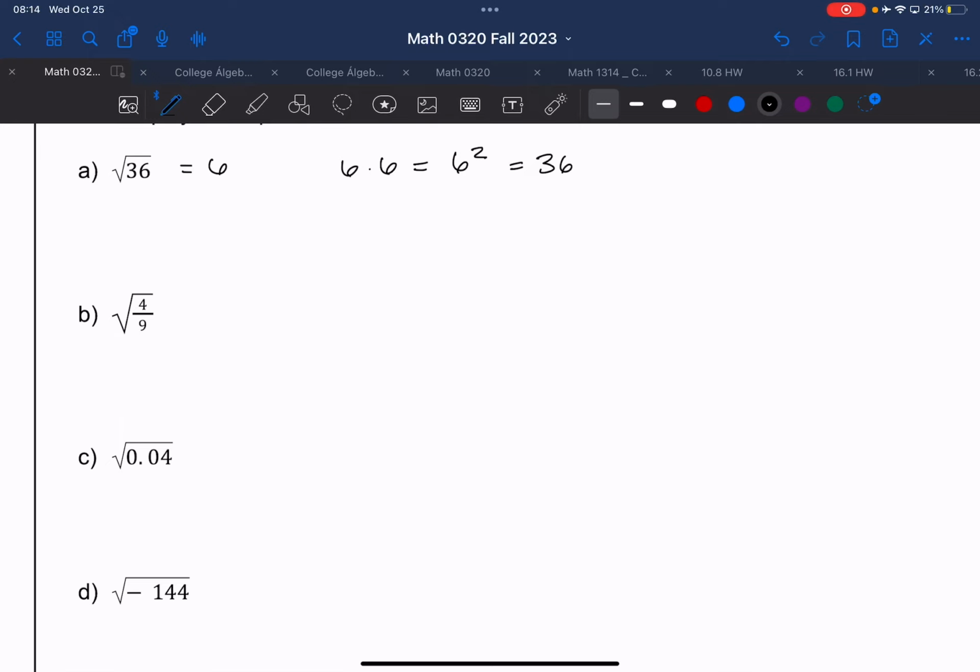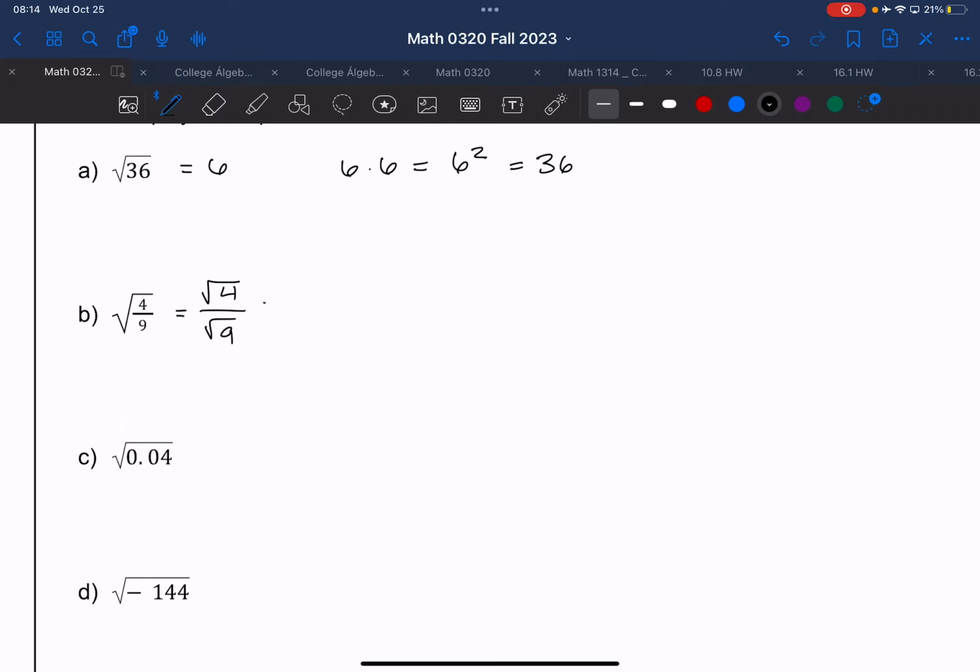What do we do when we take the square root of a fraction? The square root of the numerator and the denominator. The top and bottom. So if you remember from the properties of radicals, a long time ago, we can take the square root of a fraction by separating the numerator and the denominator. So we could write this as the square root of 4 over the square root of 9, and that's the same thing.